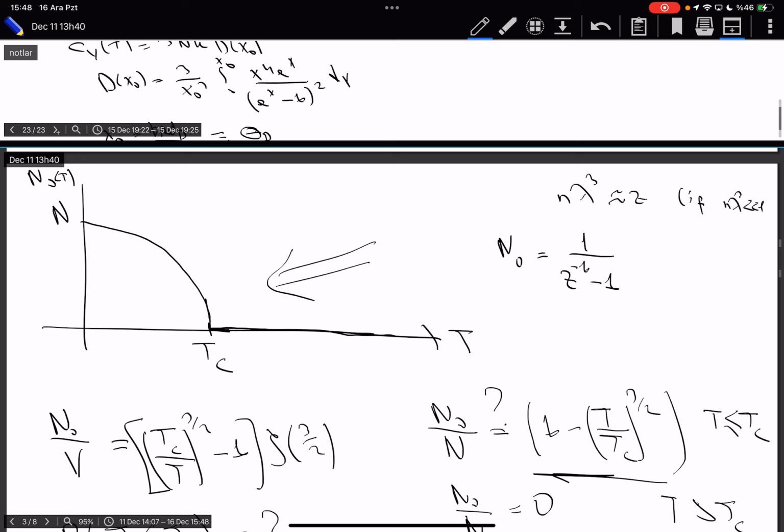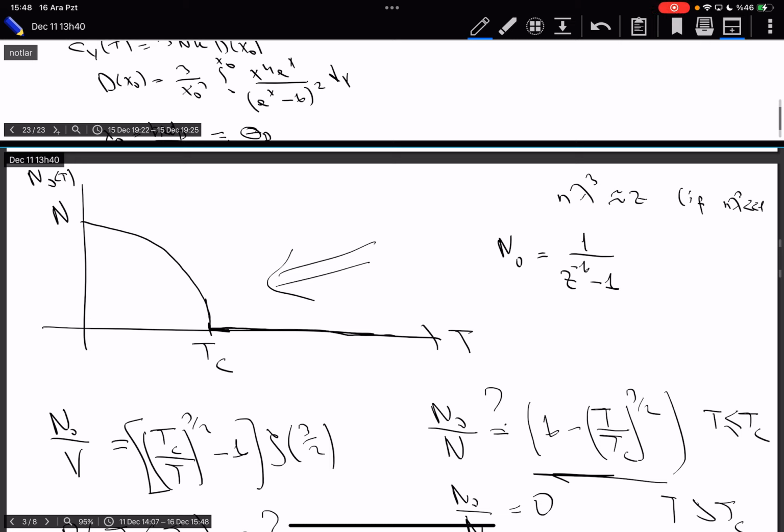As long as z is not close to 1, this number is a reasonable number, not large: we have a macroscopic number of particles, but in the ground state we have 5 or 10 particles, let's say. Basically, they don't influence the properties of my system.